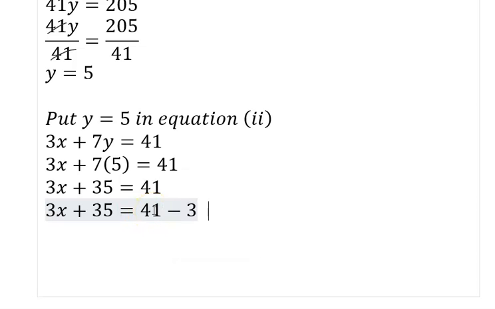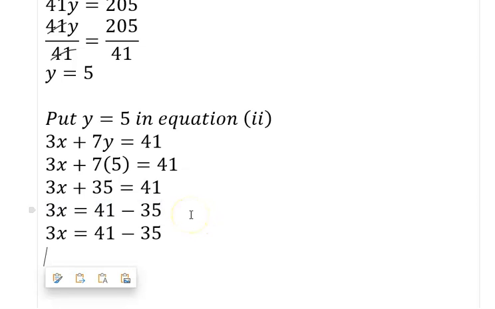Minus 35. Awesome. So you see 41 minus 35 will give us 6. So we are left with 3x equals 6.